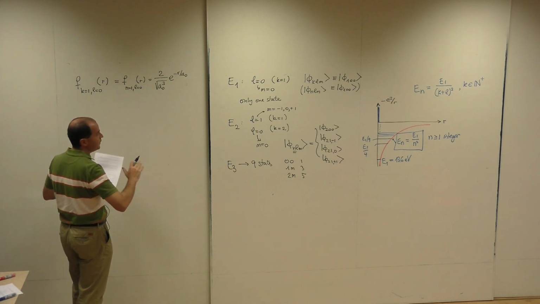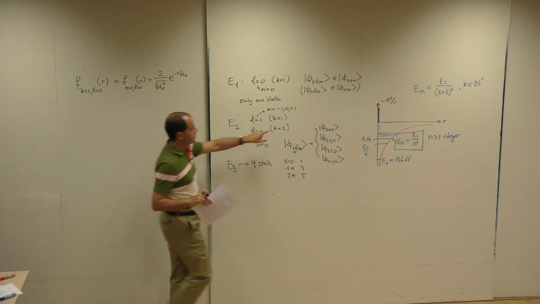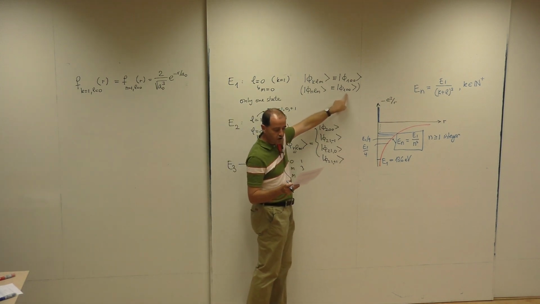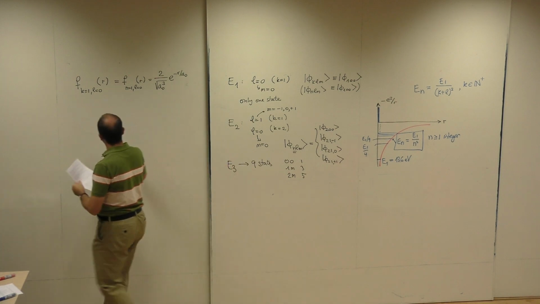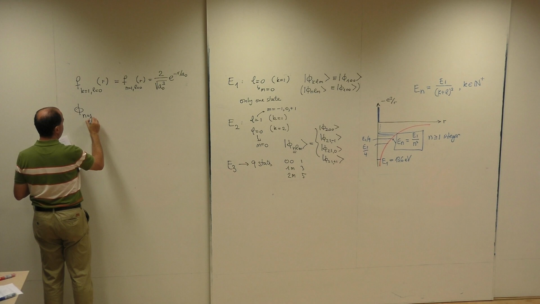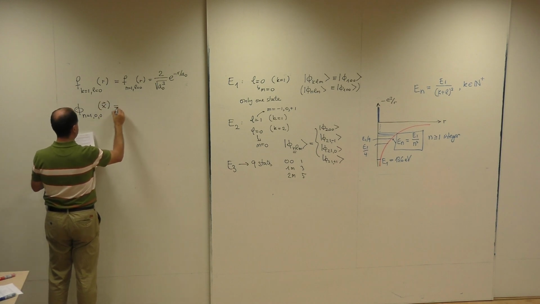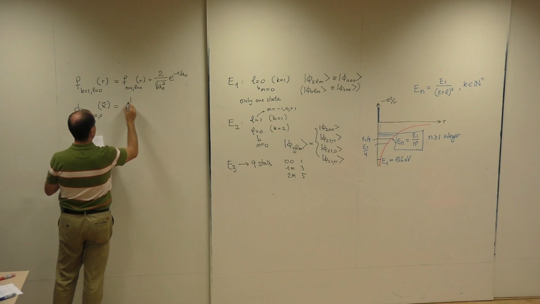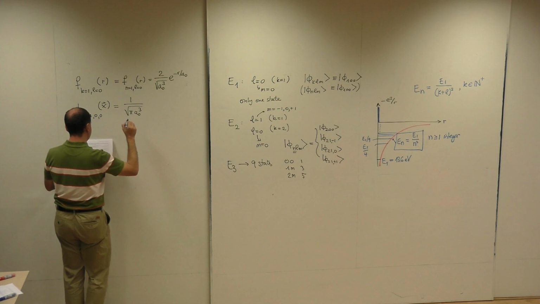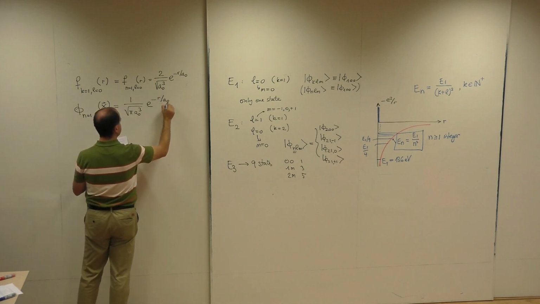And so if I plug in also the spherical harmonics, remember that the spherical harmonic for 0 0 was just a constant. We have the beautiful phi n equal 1 0 0 of x now, that is equal to 1 over square root of pi a0 cubed, e to the minus r over a0.